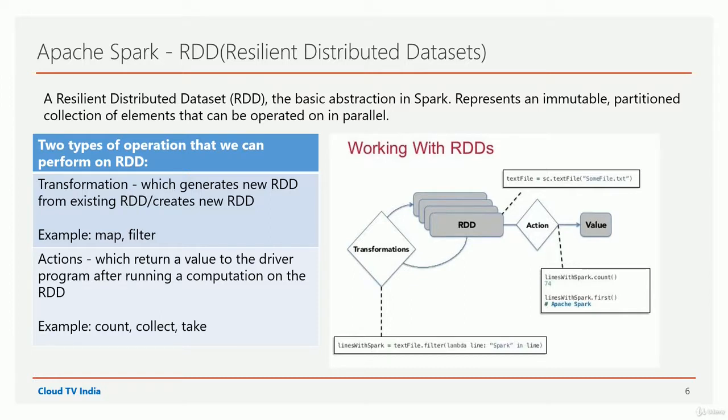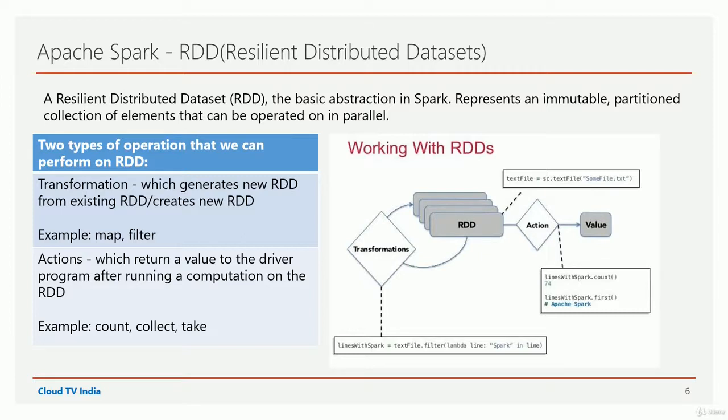You cannot modify that RDD, so it is immutable in nature, and it is a partitioned collection of elements that can be operated on in parallel. This is the way Spark is able to process your data in a parallel manner, because your data will be split.